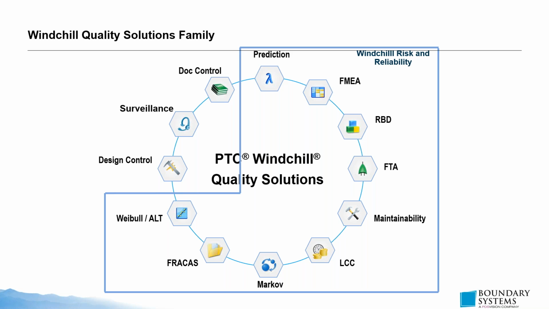Within Windchill risk and reliability, you can do prediction analyses, you can do an FMEA, you can use a reliability block diagram, you can do a fault tree analysis, do some maintainability analyses, Markovs, FRACAS, and a couple others as well. So in this particular demonstration for this webinar, I will be using the FMEA portion of the module, and probably also a little bit of FRACAS as well, right?